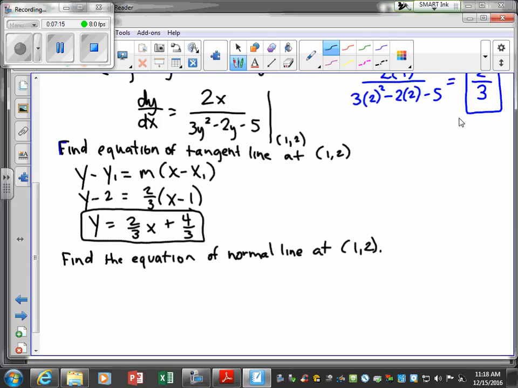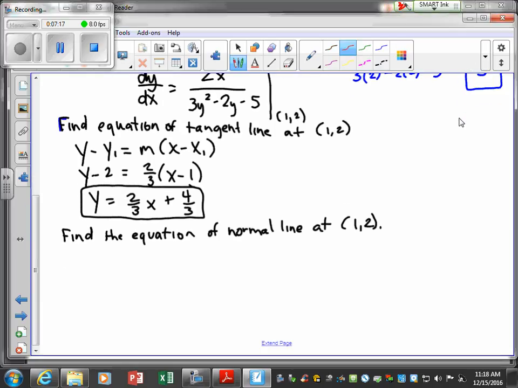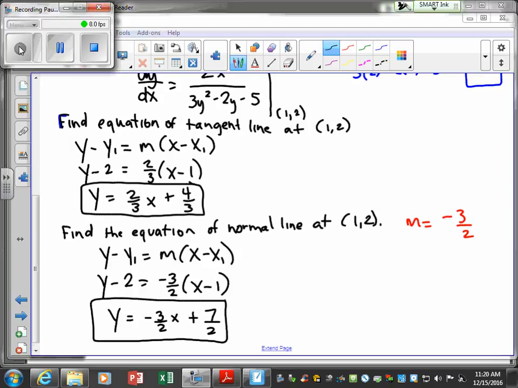Negative 3 over 2. So I'm going to use the slope negative 3 over 2 in my point-slope form. So do that in the next part. Okay, so when you simplify that, we'll have this. This is just the normal line, which is perpendicular at that particular point.